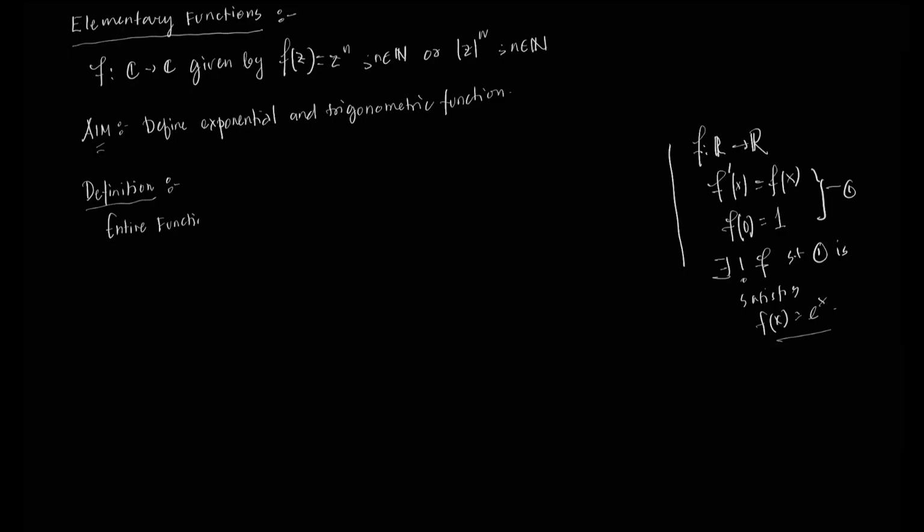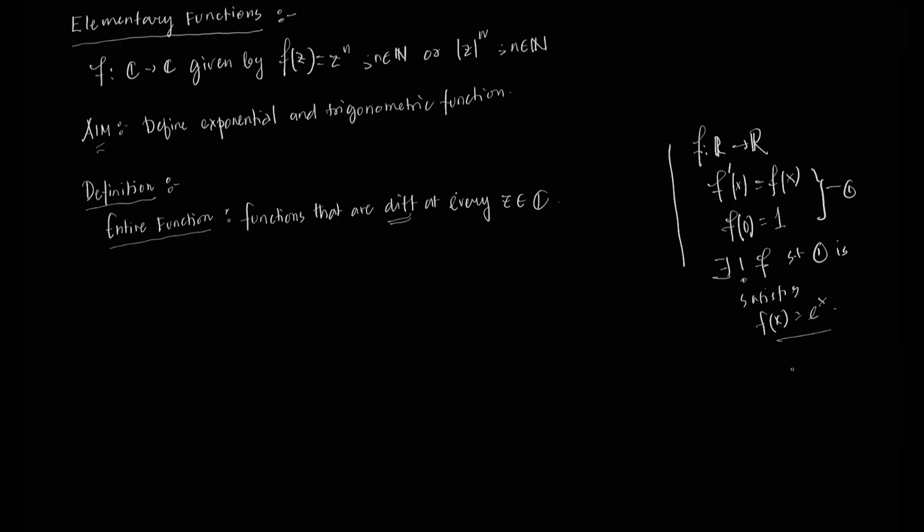The functions which are differentiable everywhere, that is, differentiable at every z in C. Clear? So for every point in the complex plane, if some function is differentiable, we call that function an entire function.